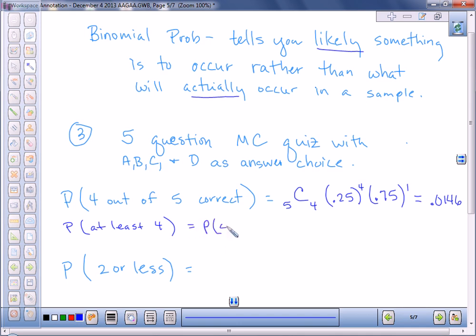How would we find the probability that we got 2 or less correct? So what would we have to do on this one?